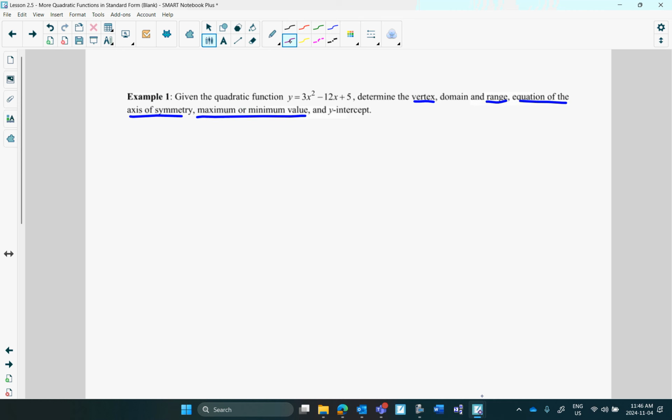So what's the value of a here? What's the value of b? -12. C, I don't even have to worry about because I don't use it in this. Okay, so let's find the x vertex. -b over 2a.